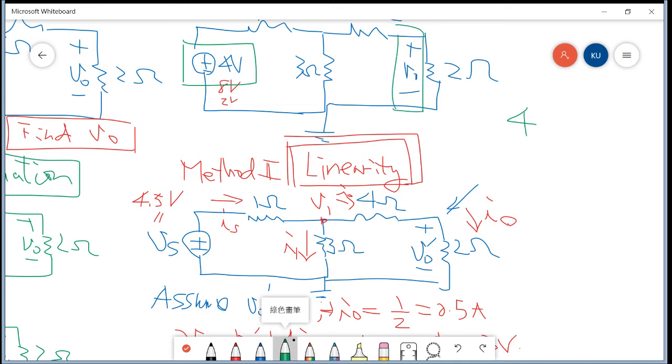And for the lower circuit, all the circuit and the values are the same.